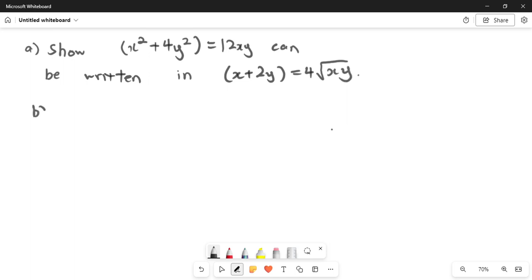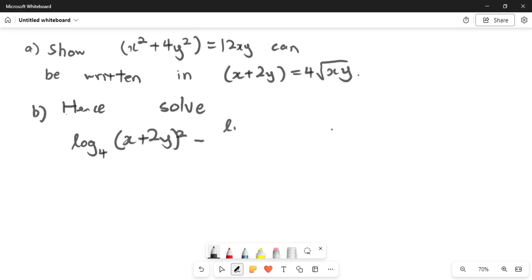The second part says hence solve, and then it gives you this: log base 4 of (x plus 2y) squared minus ln root x over ln 2 minus log 16y squared. Okay, if you like, you can give this a go.